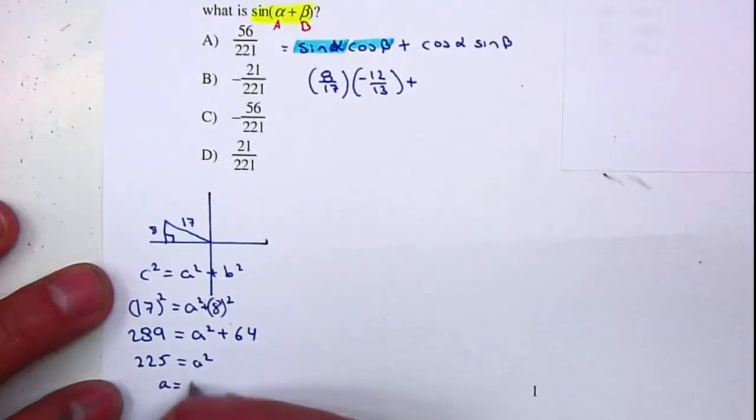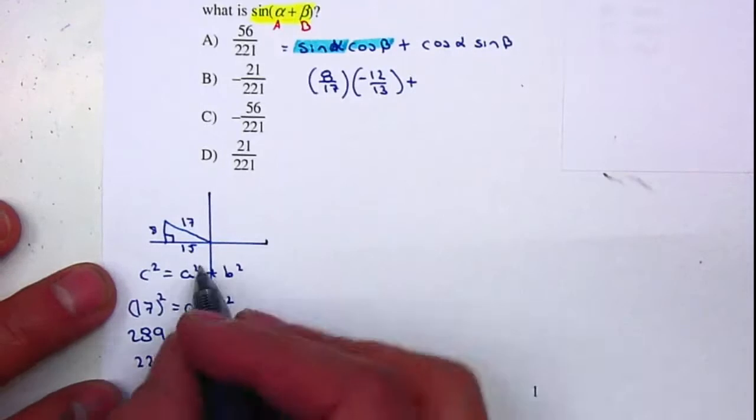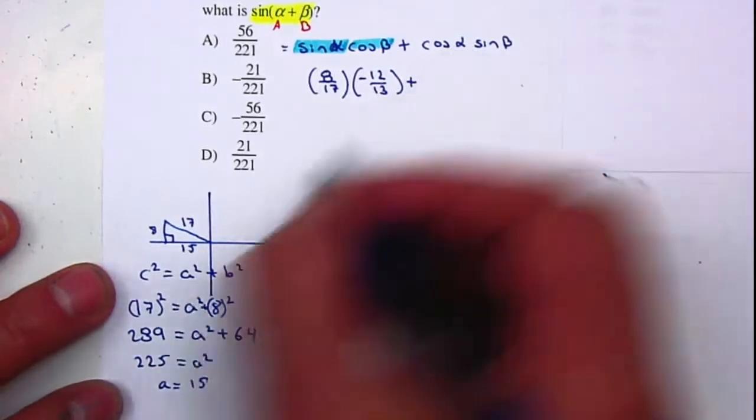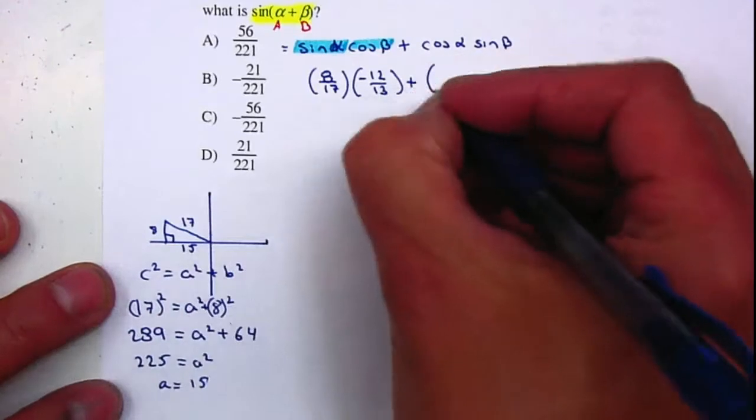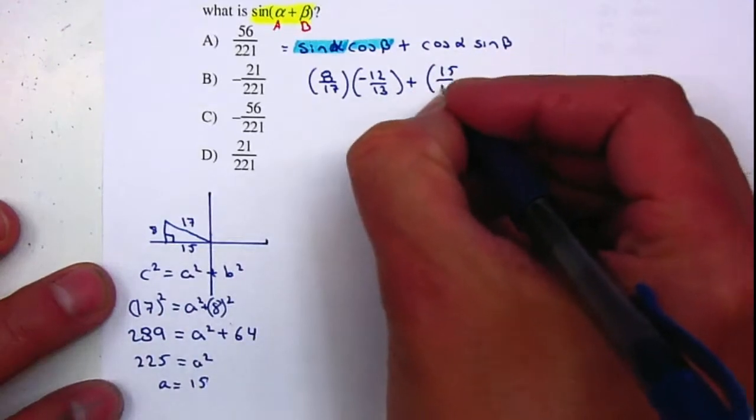So therefore a is equal to 15. And now I can find my cosine. My cosine of alpha is your adjacent over hypotenuse. So it'll be 15 over 17.